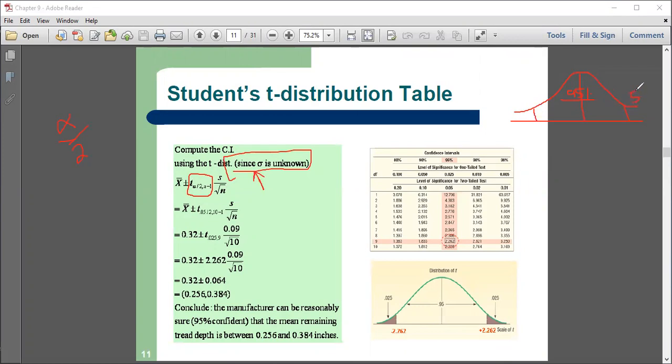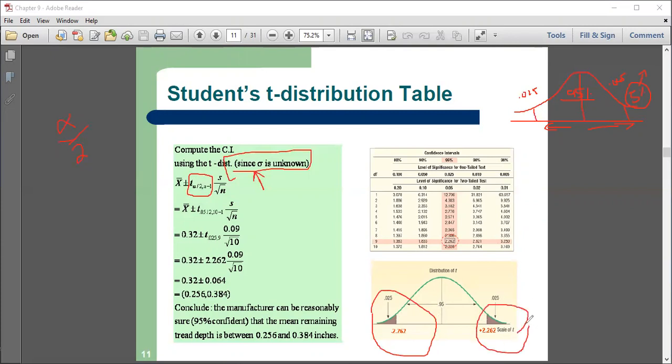There will be 5% left for unfavorable results. If we divide this 5% on two tails, it turns out to be 0.025 on both sides. You can see in this diagram, here is 0.025 and here is 0.025.